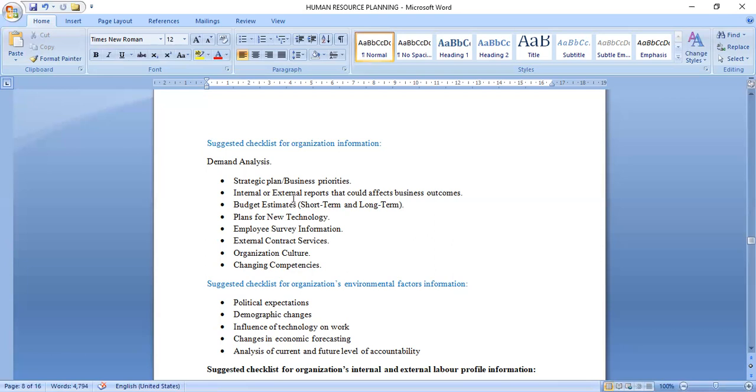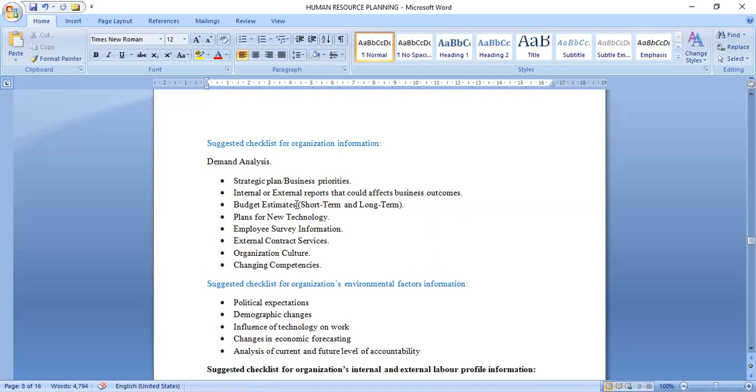You cannot do human resource planning without putting your budget into consideration. Is it favorable for you in terms of your finances to recruit more people? If it is costly for you, then find other measures.